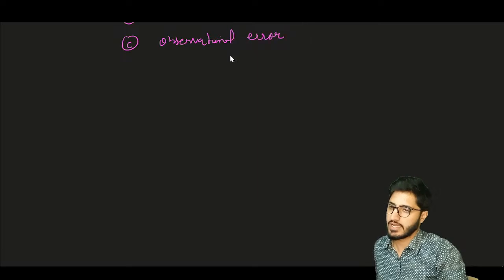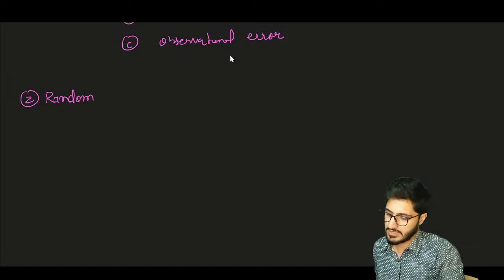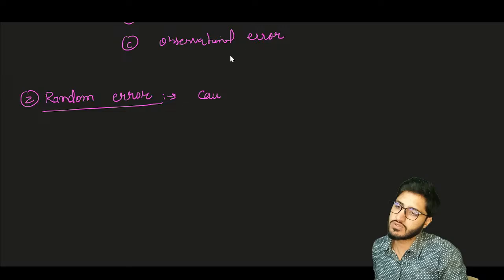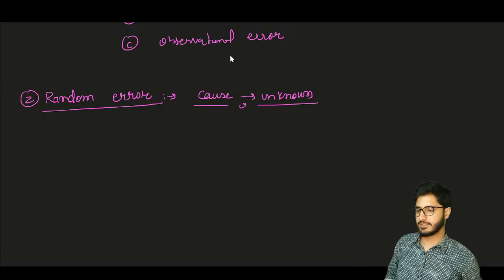Now we are having the second type, known as random error. A random error means whose cause is unknown. If the cause is unknown, then we cannot eliminate it.